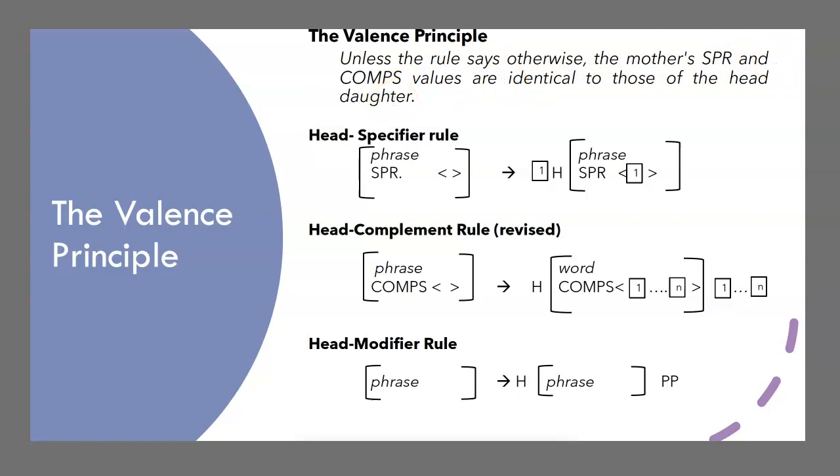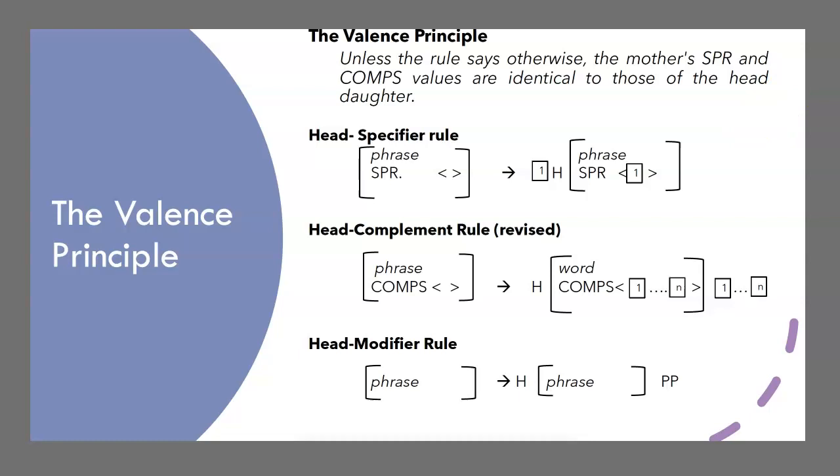What do you mean by unless the rule says otherwise? It means that unless some grammar rule specifies, let's say there's a grammar rule which specifies that the comps value has to change or the specifier value has to be changed. If you do not have such a rule, then both the mother's and the head daughter's values must be identical, right?